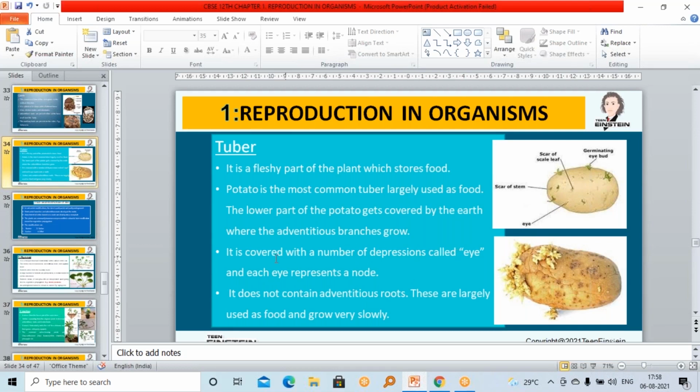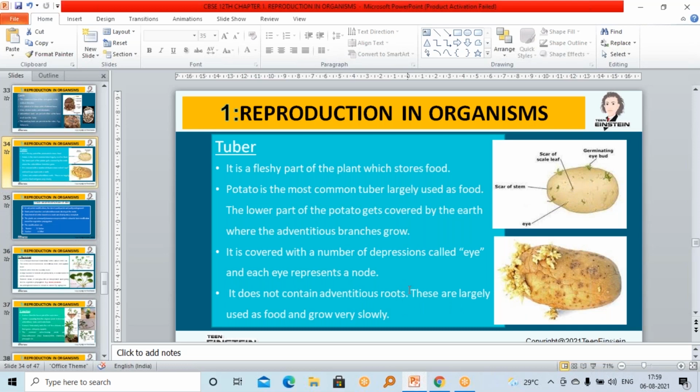Then the number of depressions called eyes are present on the top, and each eye is representing a node, and there are no adventitious roots in the case of tuber.